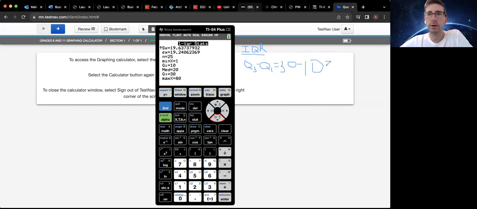So 30 minus 10 is 20, which is going to be our IQR. And then to find any lower outliers, we're going to use this formula. We're going to take Q1 and we're going to subtract 1.5 times our IQR.